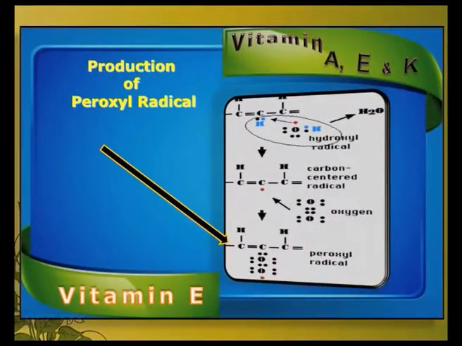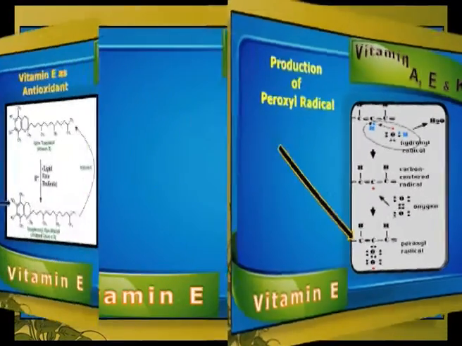However, vitamin E acts as a scavenger for peroxyl radicals. Peroxyl radicals are produced when carbon-centered radicals react with oxygen. And these peroxyl radicals are the main responsible species for lipid peroxidation.